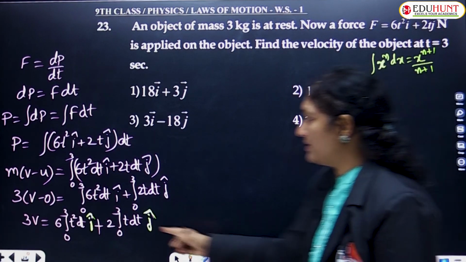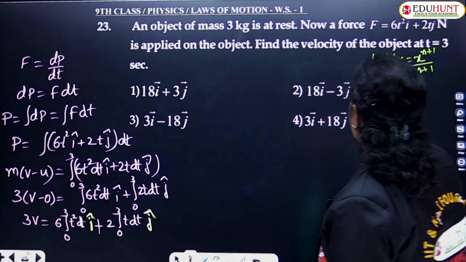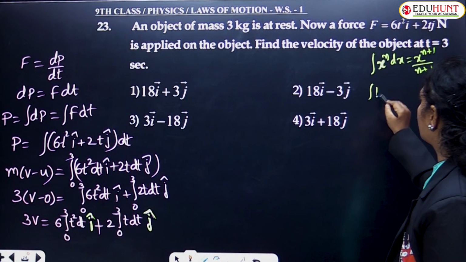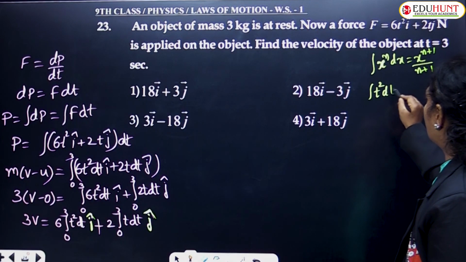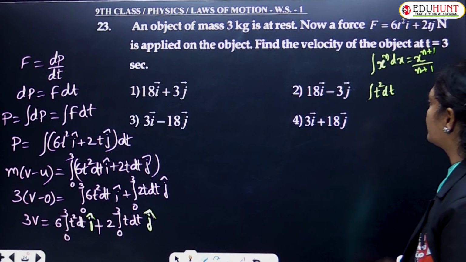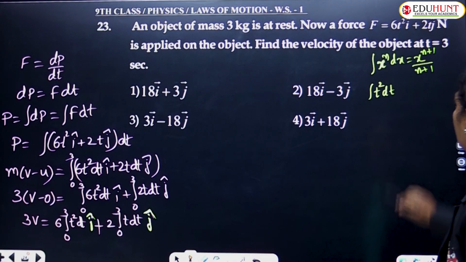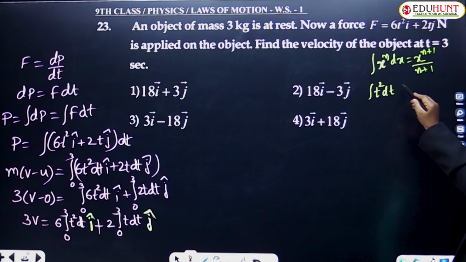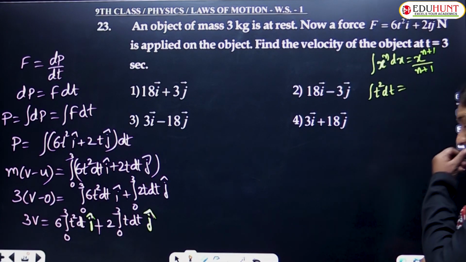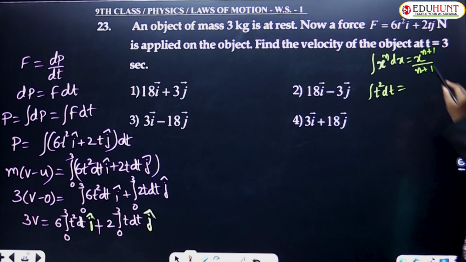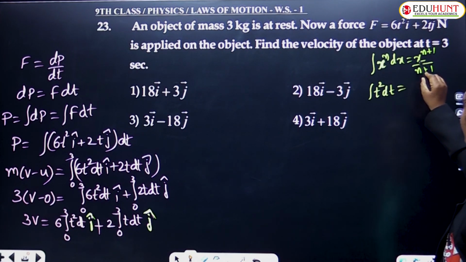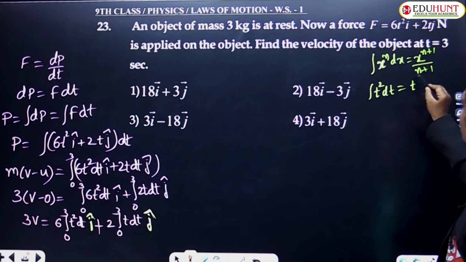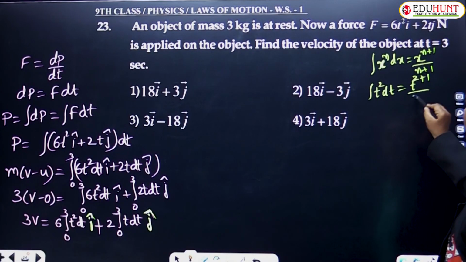Here in the first case, this is of the form integration of t square dt. Wherever you find x, that is replaced with t. Instead of x, what is there? t, and instead of n, what is there? 2. So dx means dt. Based on that, let us take the formula: x power n plus 1, so for t square, t power n plus 1, where n is 2, plus 1, whole upon 2 plus 1.